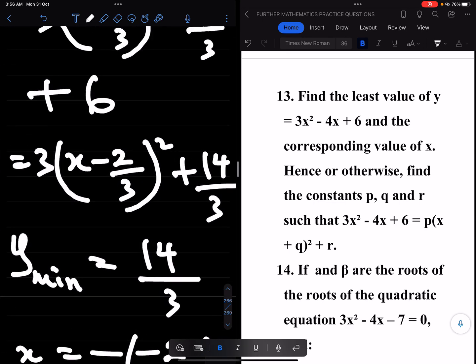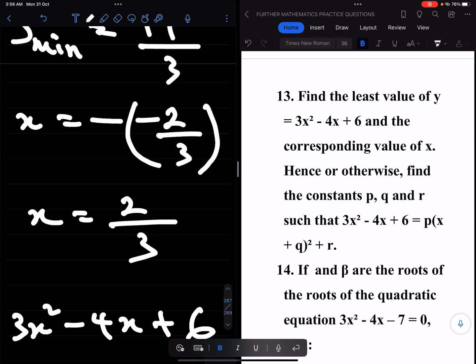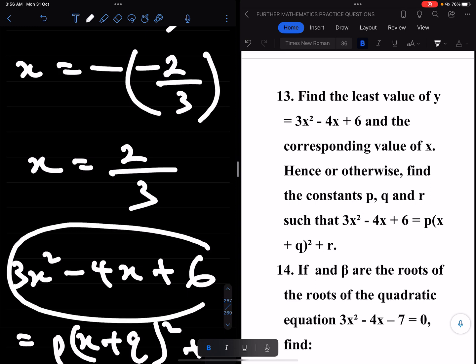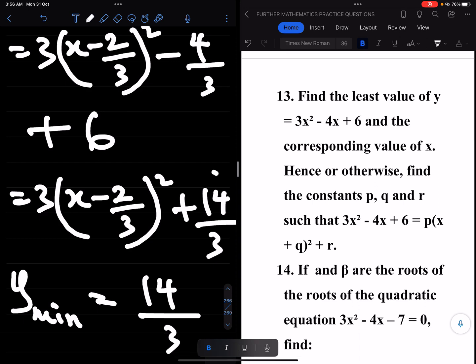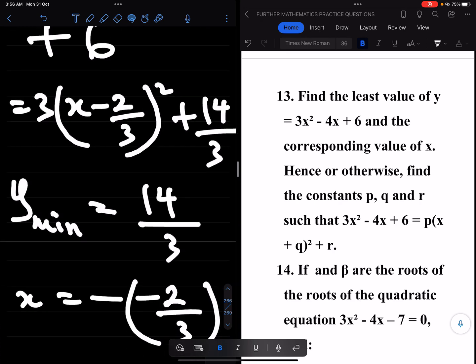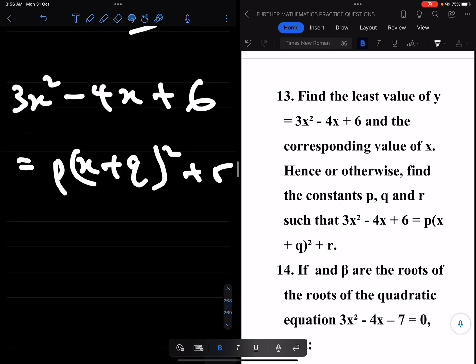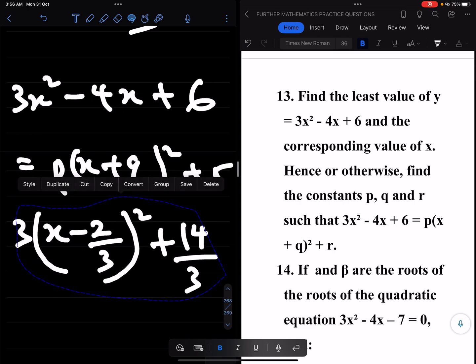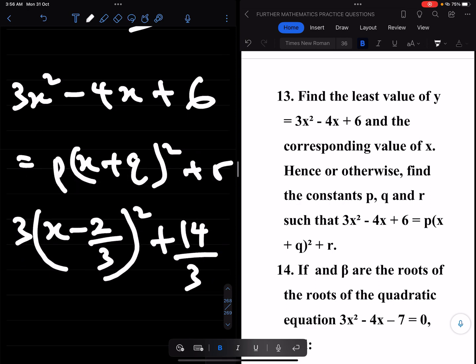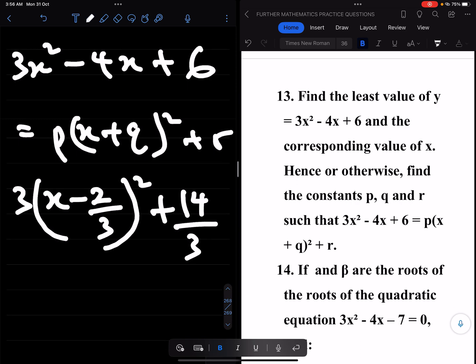So if I try to complete the square for this, what am I going to get? I already did that. If I complete the square for the left hand side, which is 3x squared minus 4x plus 6, I'm going to get 3 into bracket x minus 2 over 3 all squared plus 14 over 3.